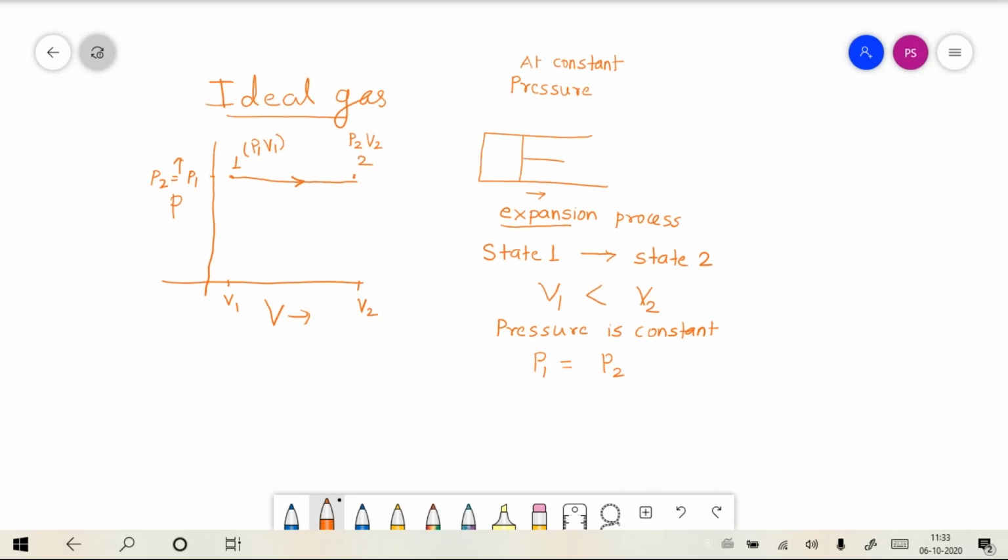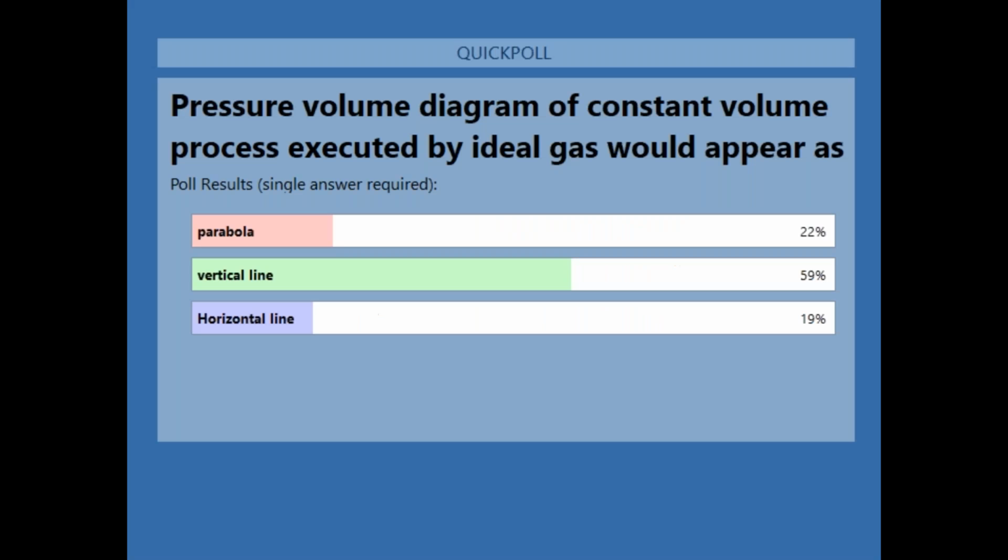So again, let me close this poll and let me show you the result. You see that again 60% of the class has answered this correctly. The correct answer is obviously, if you think on it, that the initial volume V1 has to be equal to the final volume V2.